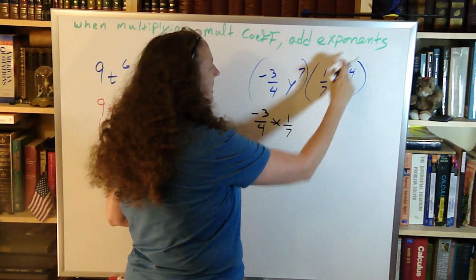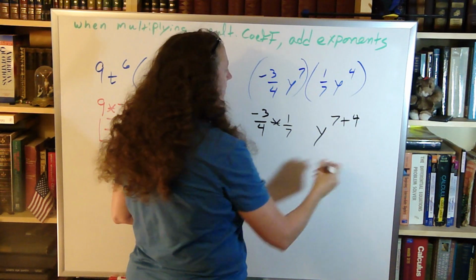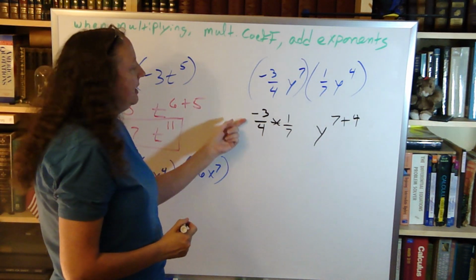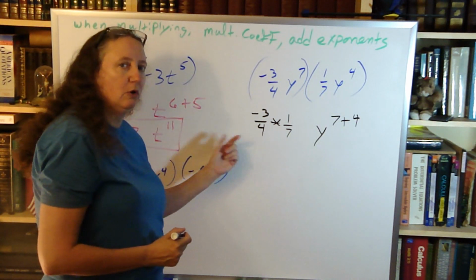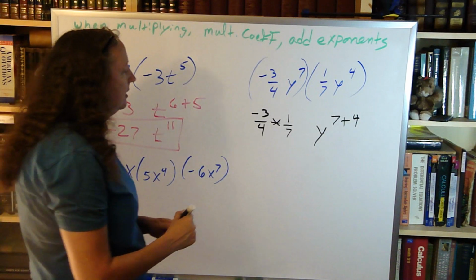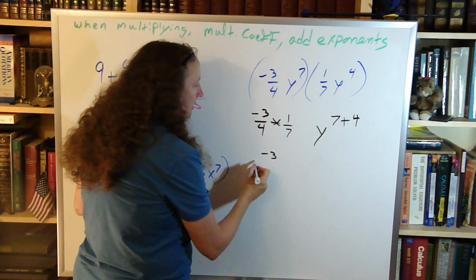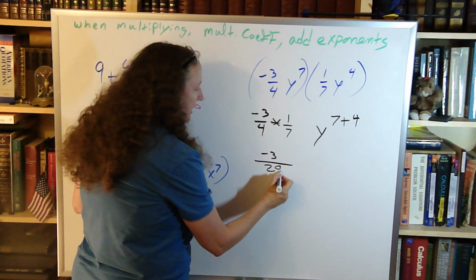I'm going to add my exponents. Y to the 7 plus 4. When multiplying fractions, you multiply the top, multiply the bottom, reduce if you can. So this is negative 3 times 1, negative 3, over 4 times 7, 28.